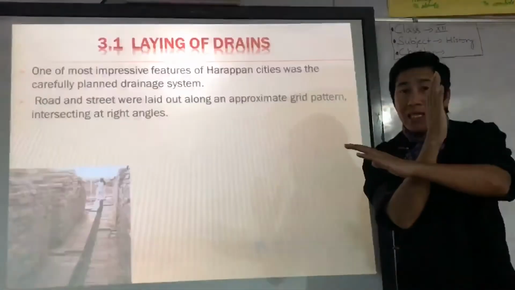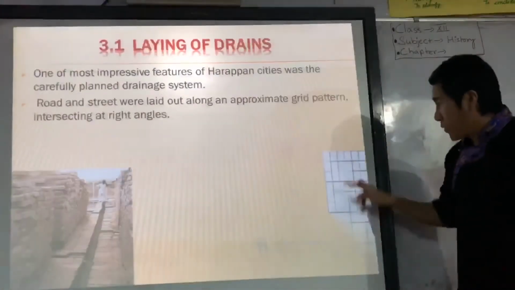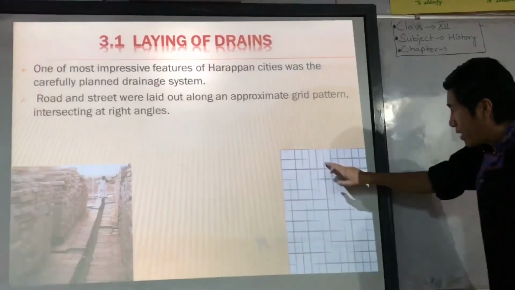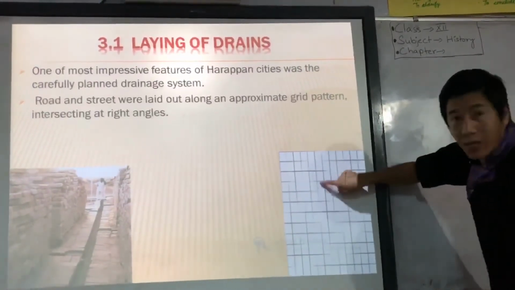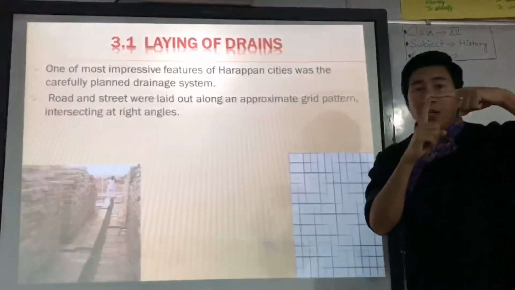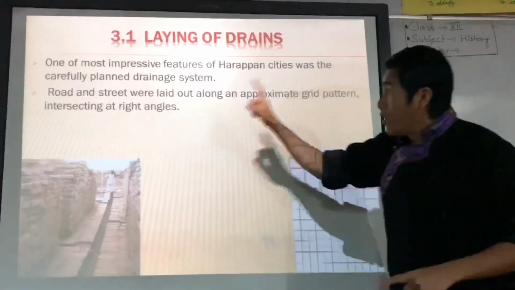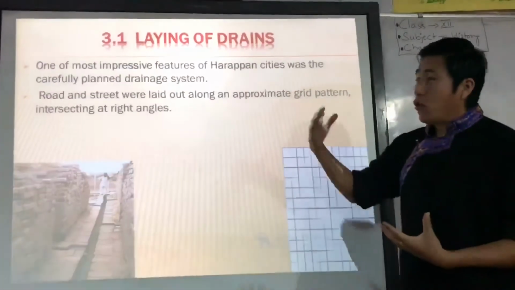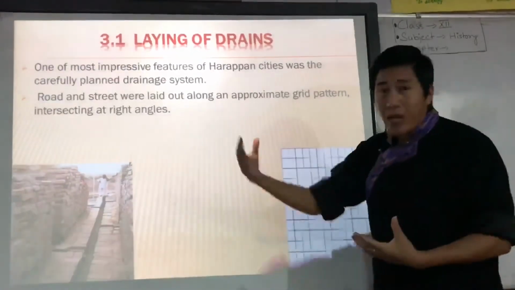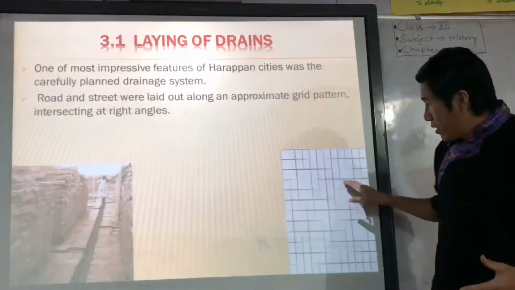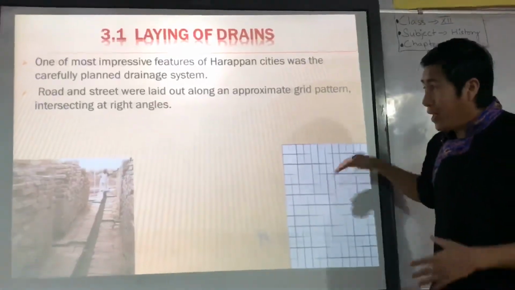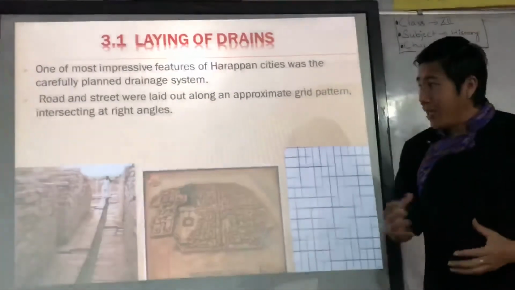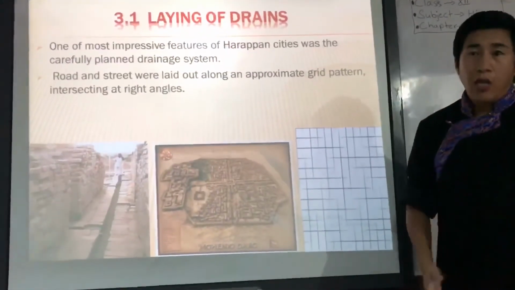Grid means things intersect at a right angle, just like that. See, grid pattern, and everything intersects at a right angle, 90 degrees. So first they built roads and streets in a grid pattern, and after that they built houses along the street.